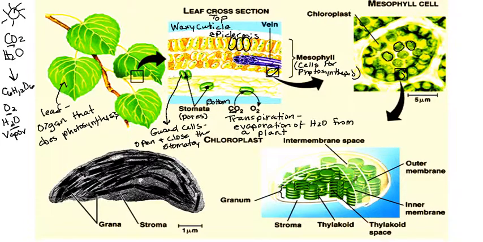It does have two membranes, an outer membrane and an inner membrane. And then on the inside, it's got these little stacks that are called grana. A granum is a stack of thylakoids. Let's put that on here.